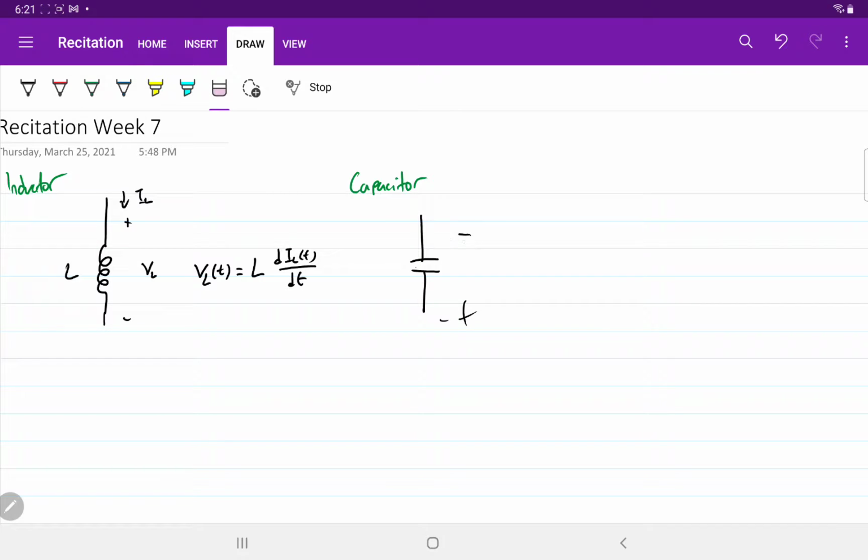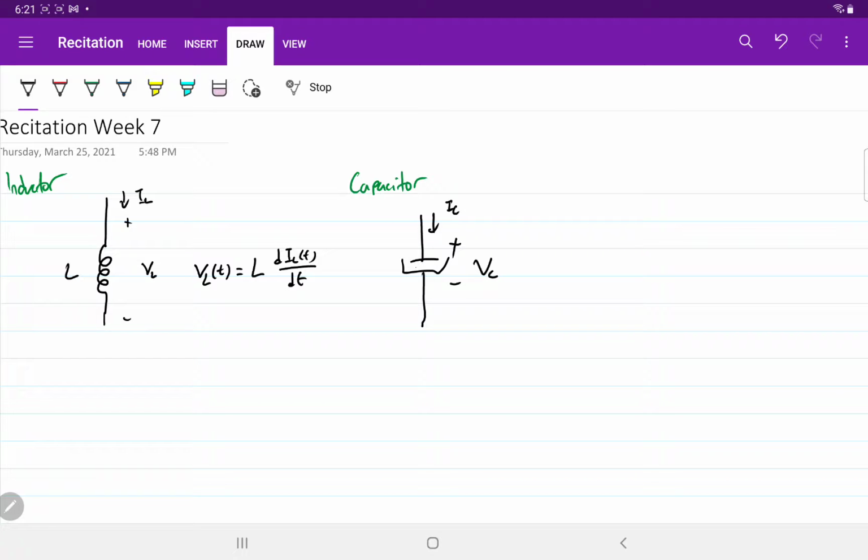But here we consider a polar capacitor because we use DC voltage or DC current. The longer line represents the negative, the shorter one is the positive. Again we have VC, the voltage across the capacitor, and the current is IC.